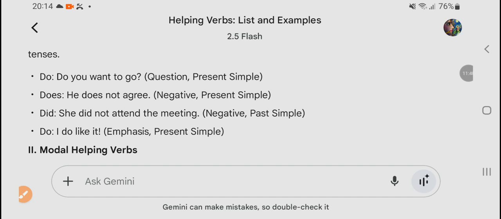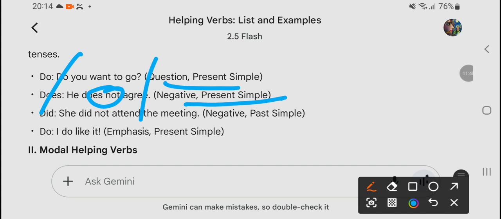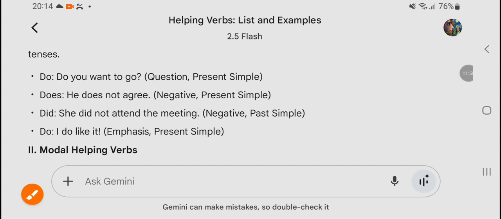These are the example. Do you want to go? Then he does not agree, negative question. Then she did not attend the meeting, and then I do like it, emphasize or present simple.